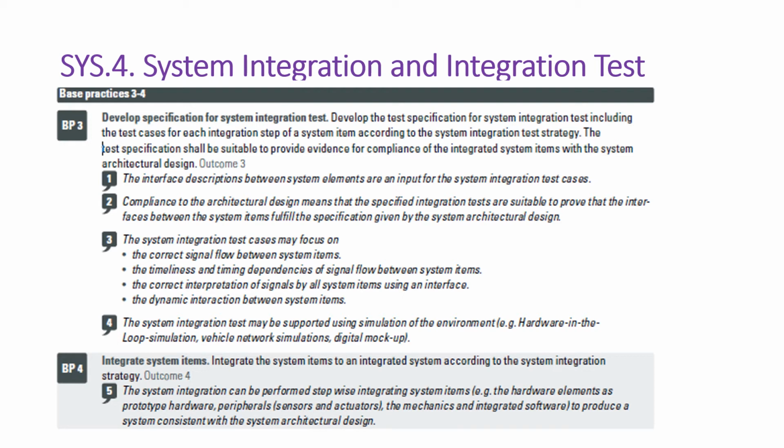So one time it will be a sender, one time it will be a receiver, or one time it will be a master, one time a slave. When the system element is exposed to different environments, every time its behavior will change. So for the dynamic interaction between the system elements, we also have to ensure the coverage of it.